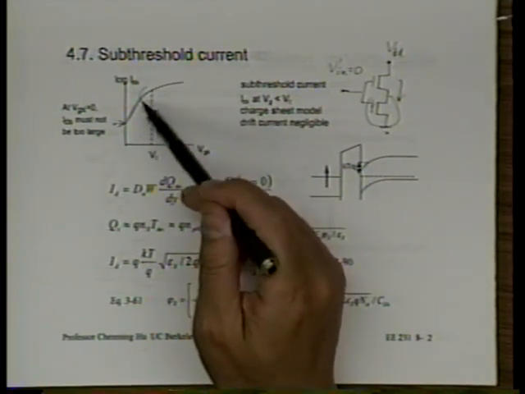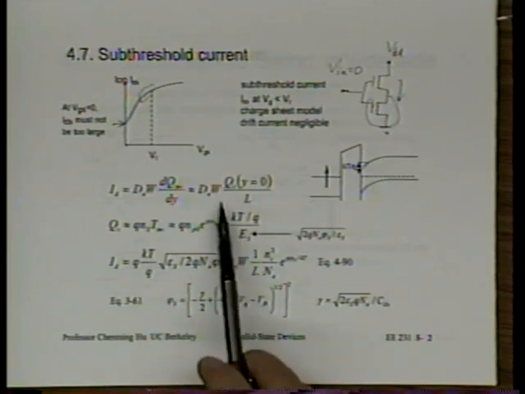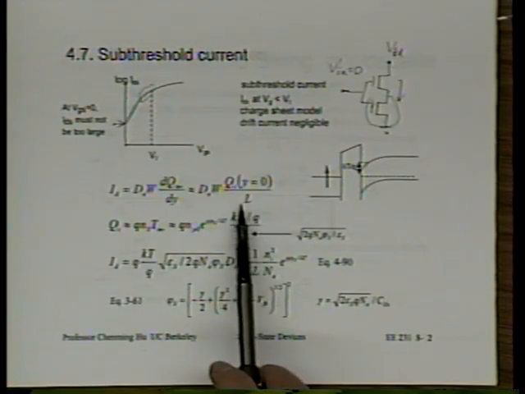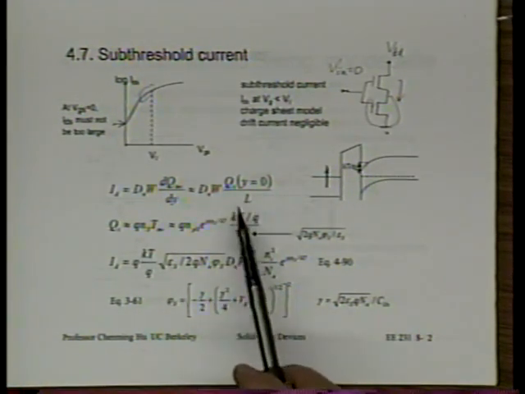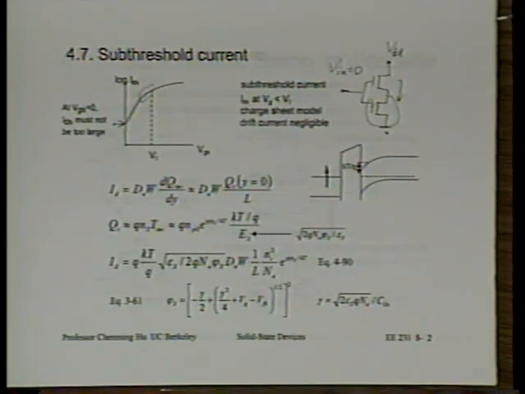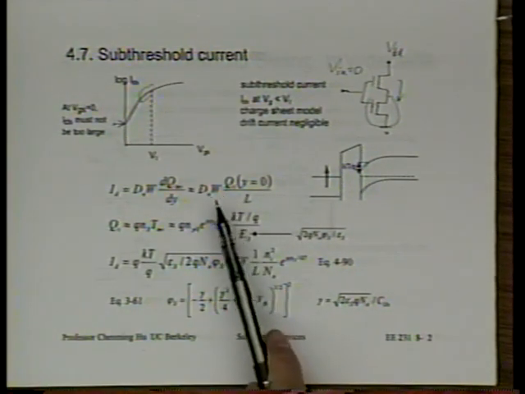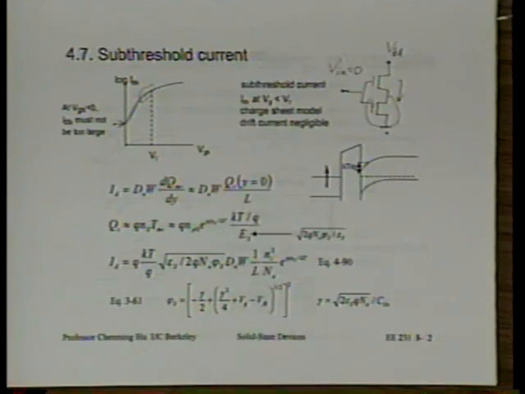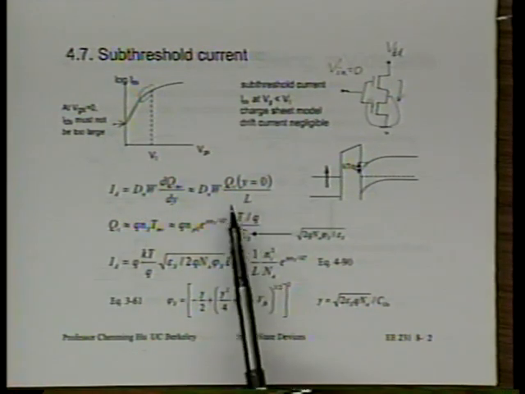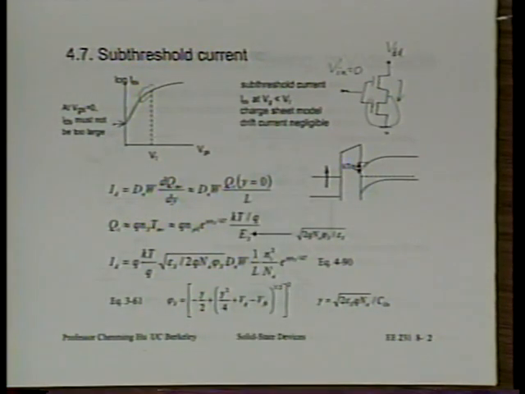So given all that, we're not going to worry whether it's equal to Qi over L, or maybe it's a factor of 2 larger than that or smaller than that. We don't worry about that. So roughly, we just take the gradient as Qi over L. Qi is taken at y equal to 0 at the source.